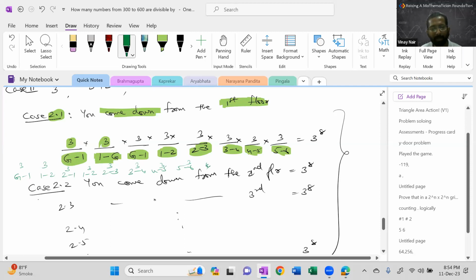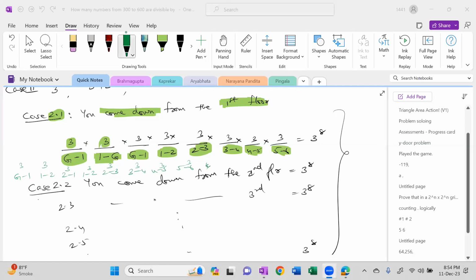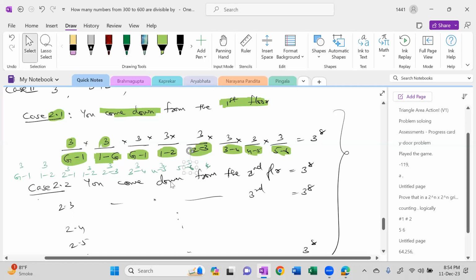If no, I can explain again. So it's like from every floor we have 3 possibilities of coming down. Right.